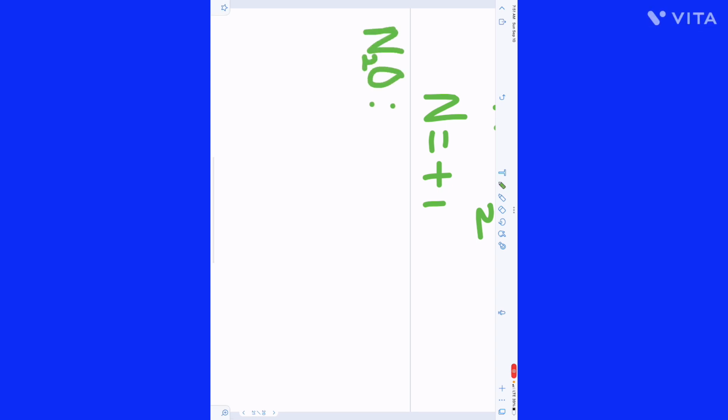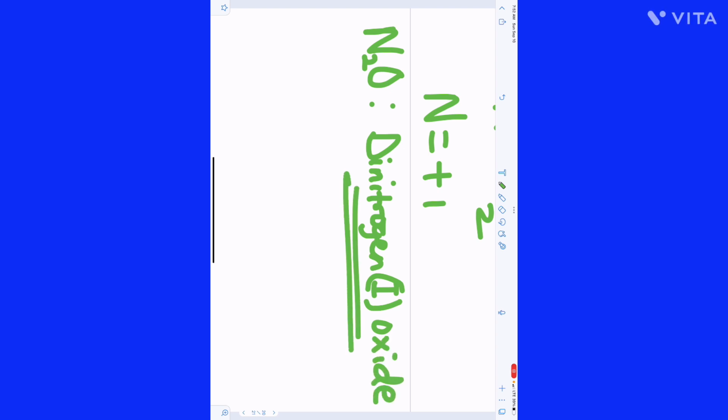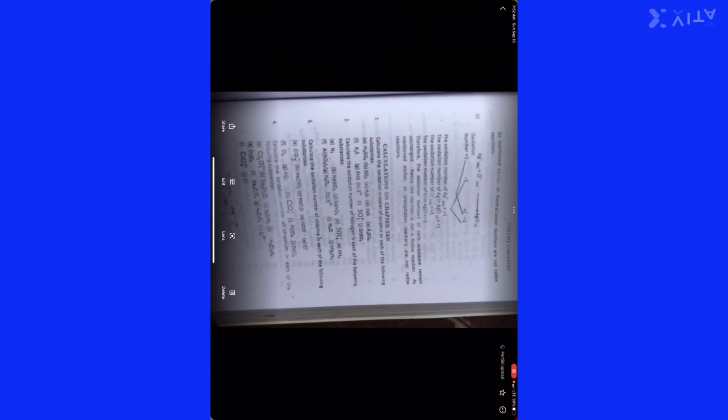And we call the compound dinitrogen(I) oxide. I hope you can see the pattern here now. You understand how we use our prefixes di, tri, mono, and the reason we use them.